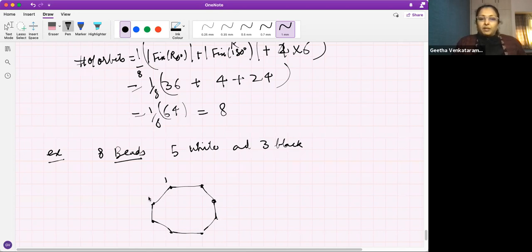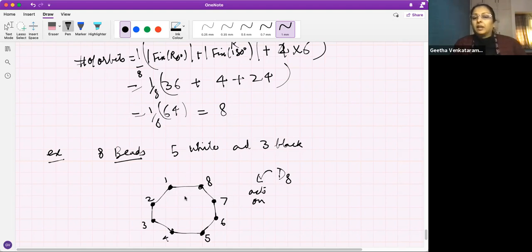Okay, so position 1, 2, 3, 4, 5, 6, 7, and 8. This is where you'll be placing your 8 beads. And you can think of D8 acting on the set of all necklaces.